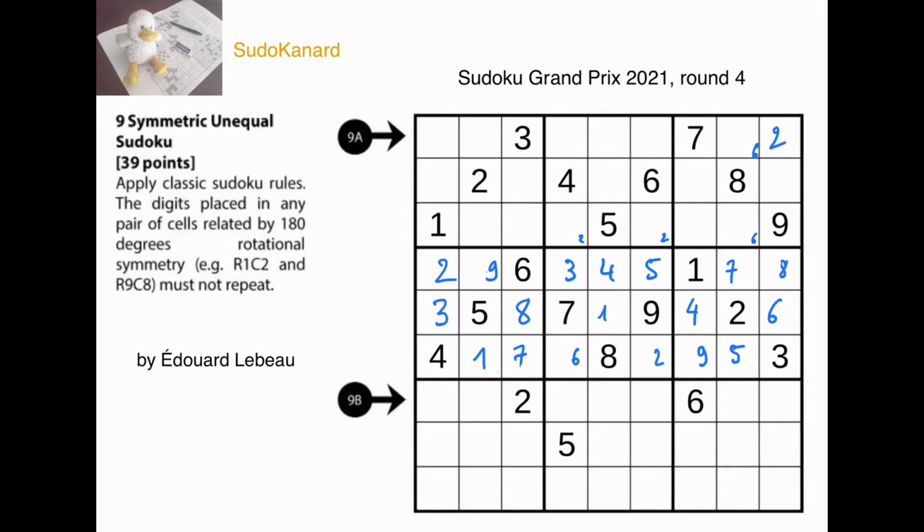Now, the center has been completed. Let's have a look at the rest of the grid. This 2 makes this a 2. And this column now needs 1, 8, and 9, and there's really not much to do with that.